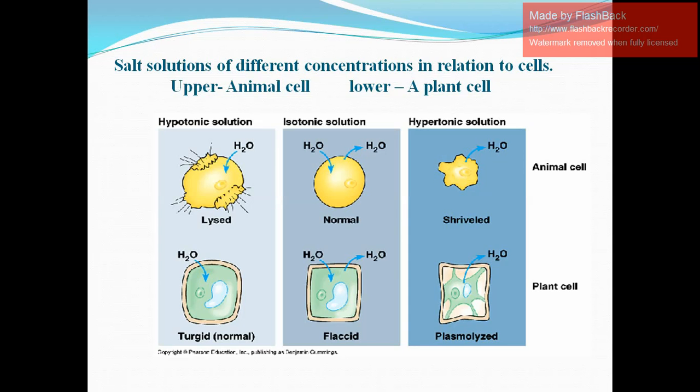This exosmosis causes shriveling and shrinkage of the cell. Both in animal and plant cells you can see this. In the animal cell it fully shrinks, and in the plant cell you can see only the withdrawal of cellular content from the cell wall. This condition is known as plasmolysis, the contraction of cell content from the cell wall.